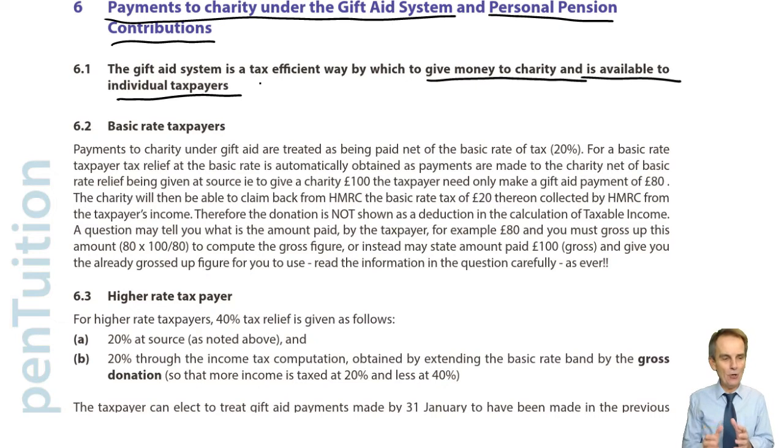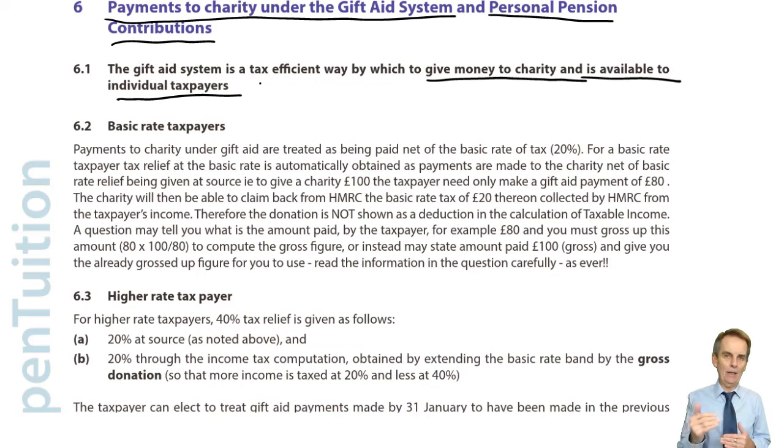If I make a contribution of £80 out of my net income into my favourite charity, under the gift aid scheme, then what the charity can do is not just take my £80, because I, as a basic rate taxpayer, would have suffered 20% tax on it.